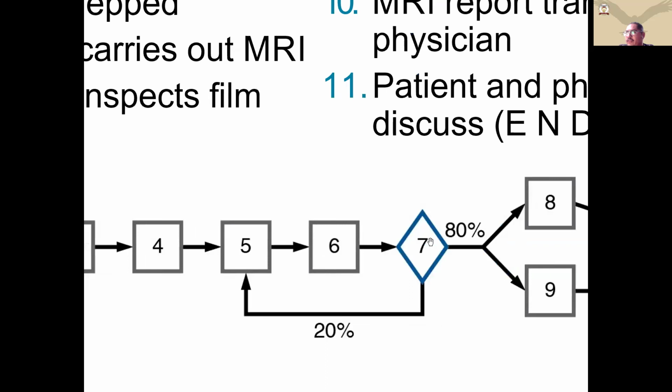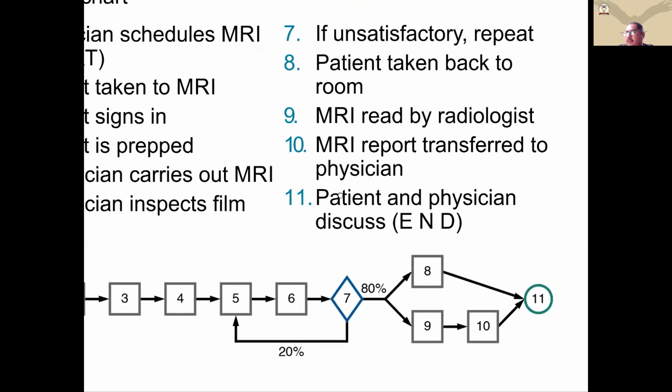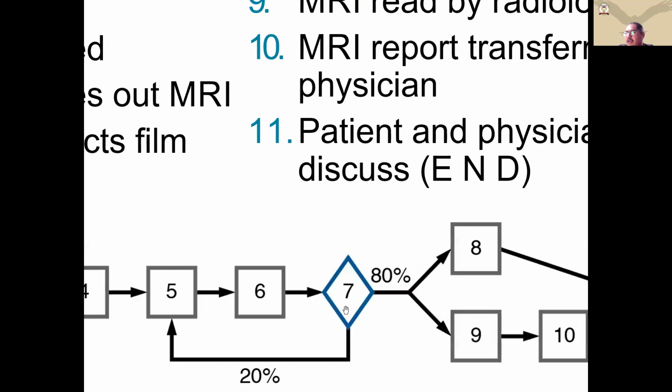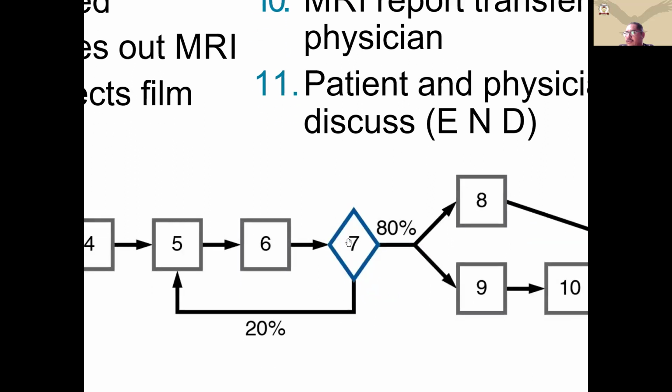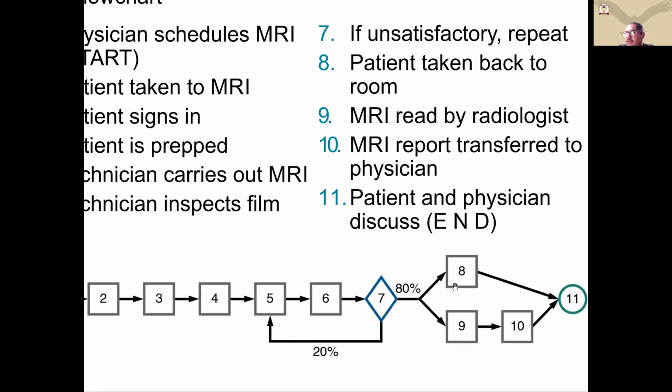Then there is a step 7, which is a condition. In this condition, if the person is satisfied, they can choose between 8 or 9, depending on what it is, or they can go back and repeat the process if they're not satisfied.